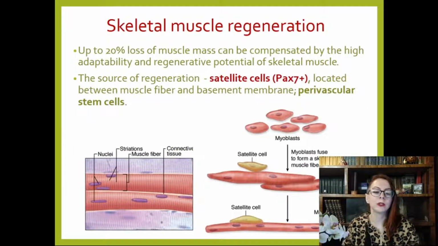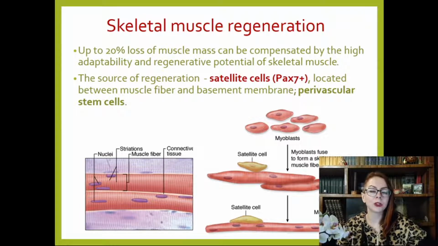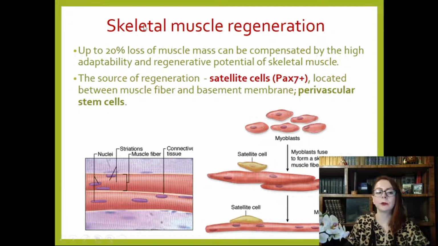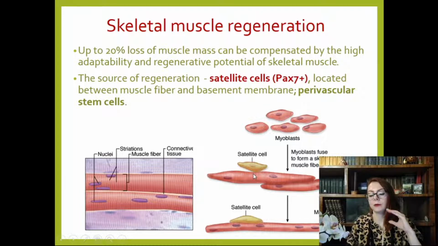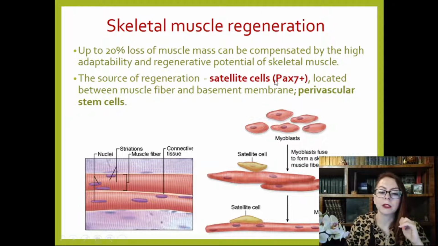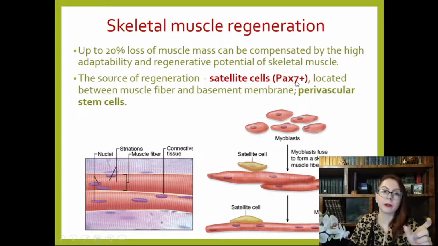And of course, another important aspect is regeneration. Skeletal muscles do regenerate, up to 20% could be regenerated in the case of a young organism. The source of regeneration is the satellite cells. They are located at the periphery under the basal lamina. And Pax7 is the marker of those cells.